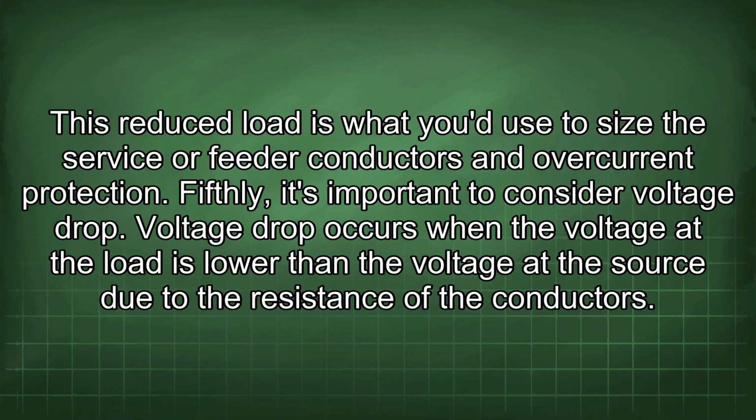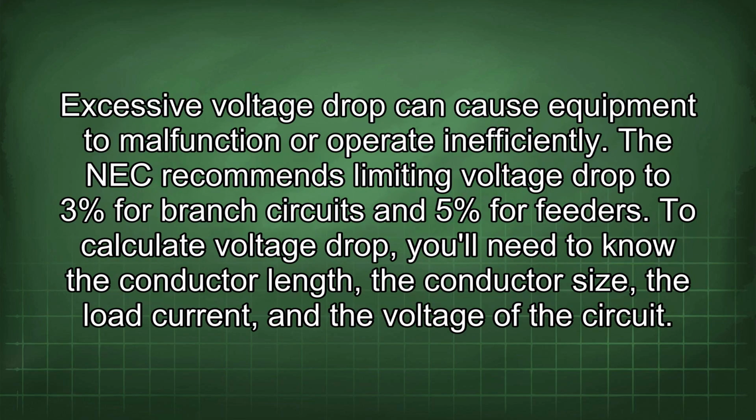Fifthly, it's important to consider voltage drop. Voltage drop occurs when the voltage at the load is lower than the voltage at the source due to the resistance of the conductors. Excessive voltage drop can cause equipment to malfunction or operate inefficiently. The NEC recommends limiting voltage drop to 3% for branch circuits and 5% for feeders.